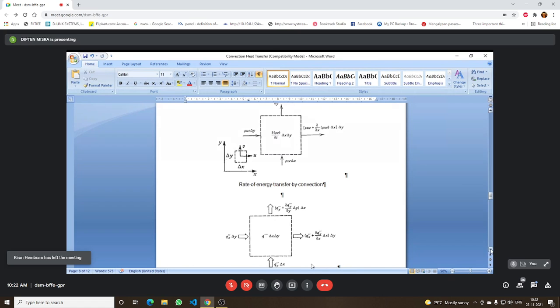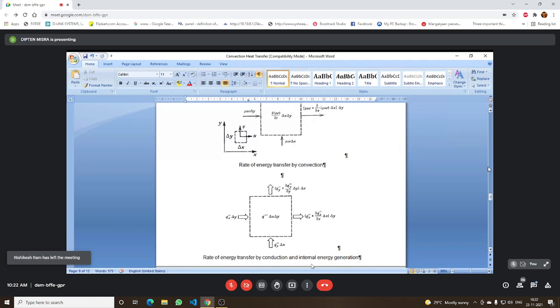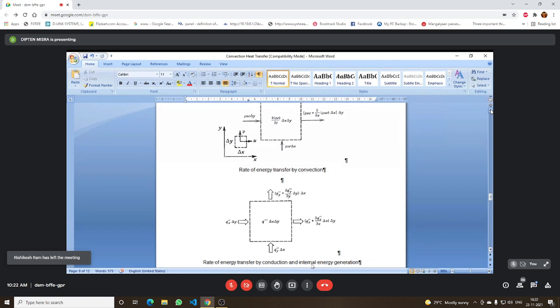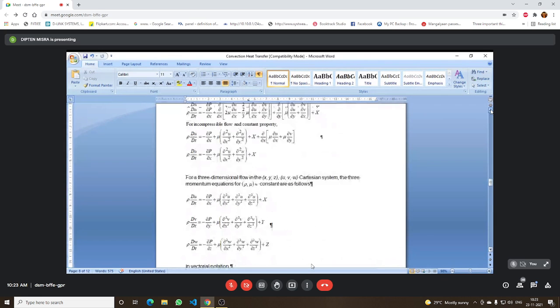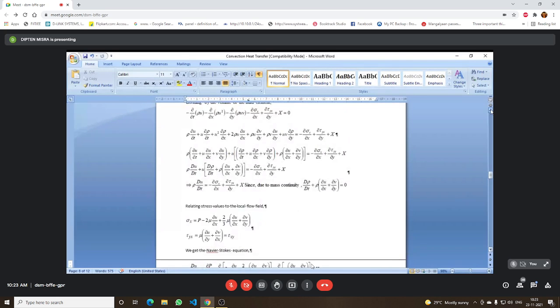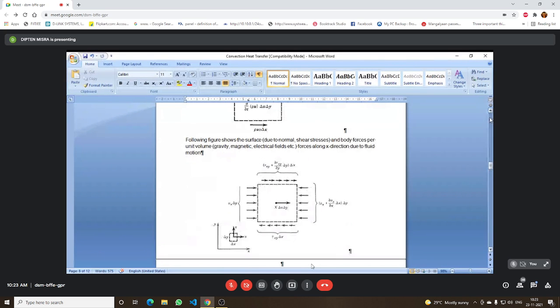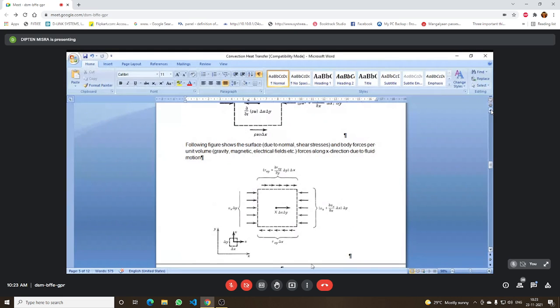So here also there are so many stresses which are acting. For example, here we have taken the normal stress, which is equal to minus P plus all those things; velocity terms are there.